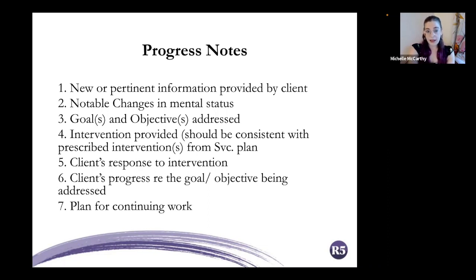The only thing I will say is, if you're making objectives meant to be met in too short of a time frame, then you want to think about, realistically, how often am I going to be reviewing this treatment plan? Realistically, it is probably going to be happening around every 90 days. Okay.